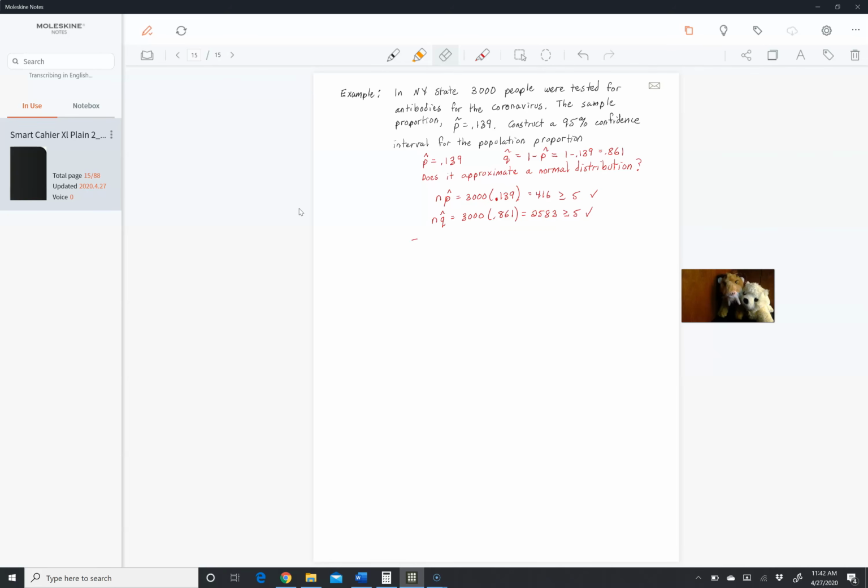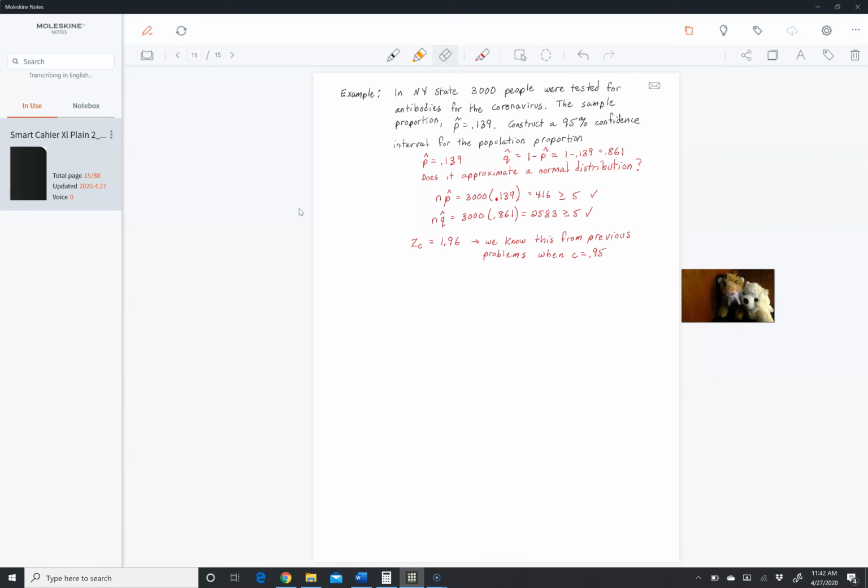So we know that z sub c is equal to 1.96. We know this from the previous problem, so we don't have to calculate it again every time.